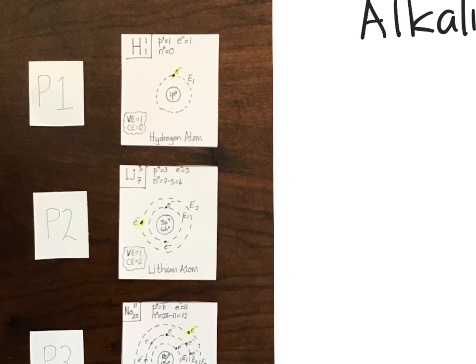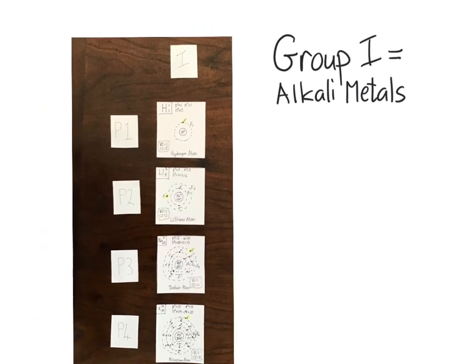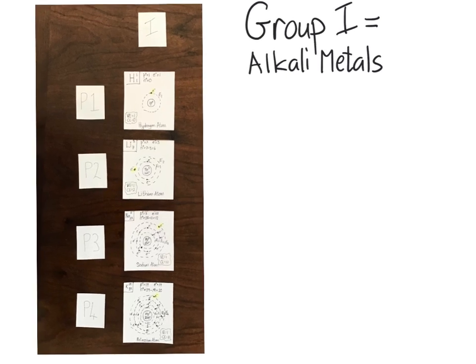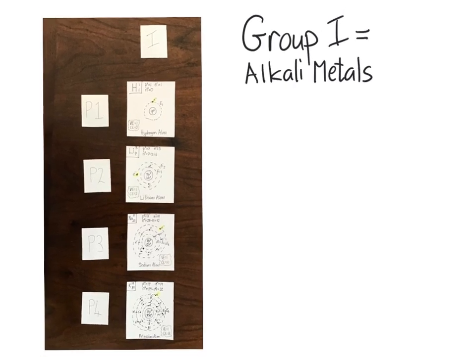Now, you might be saying, but why is hydrogen, which is not a metal, in the alkali metal group? And the reason it is there is not because it's a metal, but because it has the same valence electron structure.